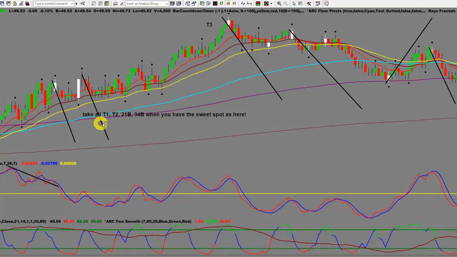As I said here, take all T1s, T2s, 21Bs when you have the sweet spot as here. So there were actually two losing trades. You picked it up here. So here's another nice T3, a lower high, but of course what I'm not including is our classic trend following trades. It's getting a bit long-winded here now, so let me wind this up.